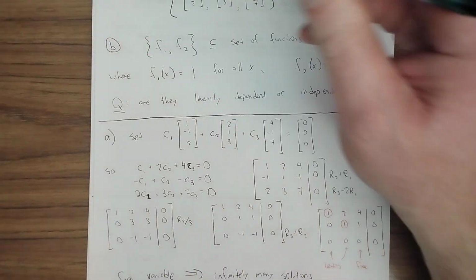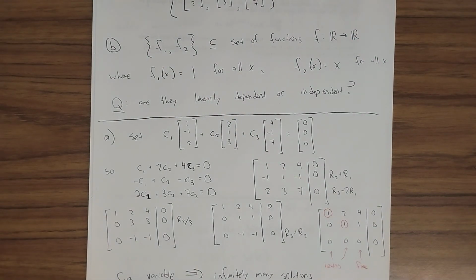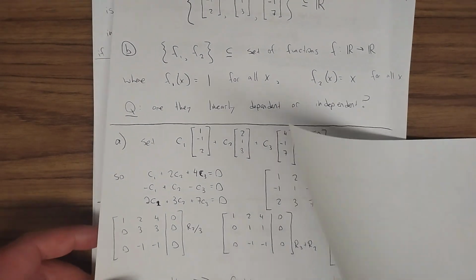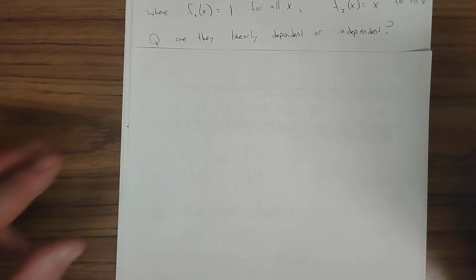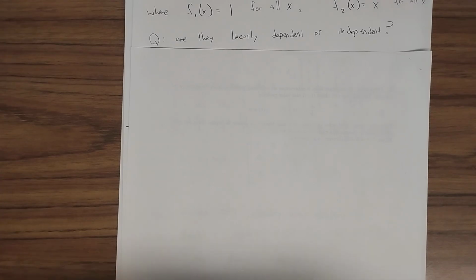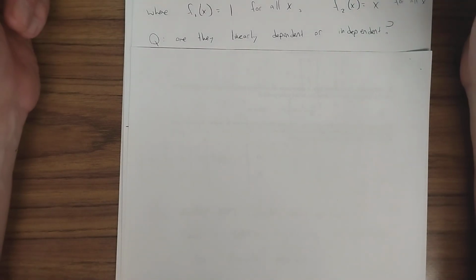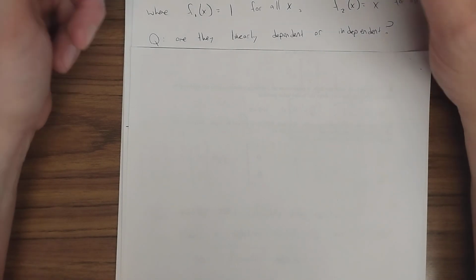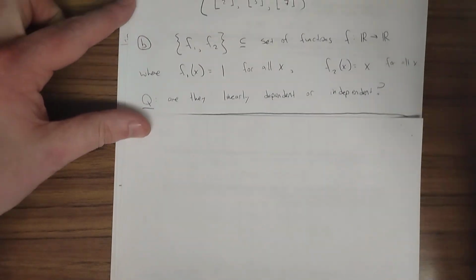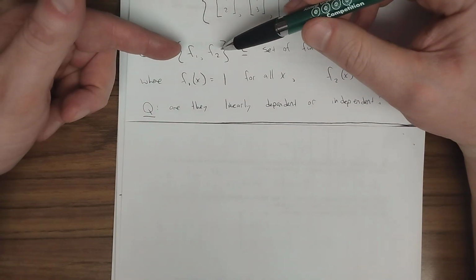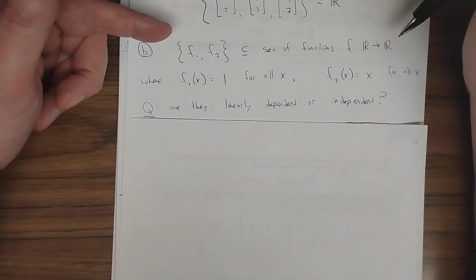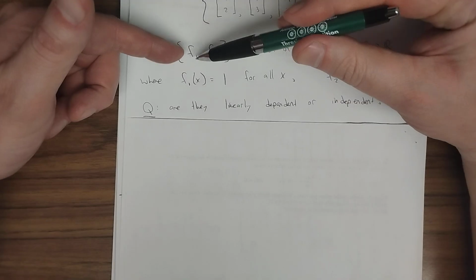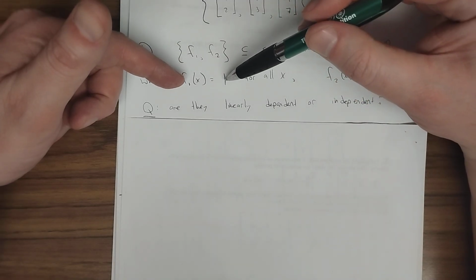Okay. Let's attack B. I've got two functions. So these are members of my vector space consisting of all functions from R to R. And my first function is just the function that always gives me 1.